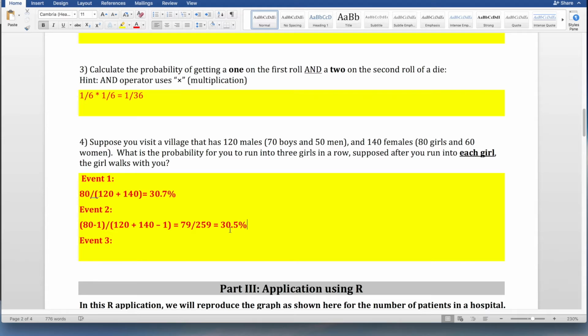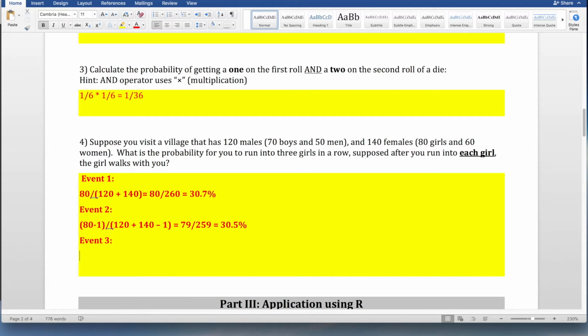30.5%. And then if we go back to event 1, just to simplify that one for us, it'd be 80 over 260 to get us that 30.7%. Okay, and so now event 3, we want to know what the chances are of running into a third girl, assuming that the last 2 girls have continued walking with us.